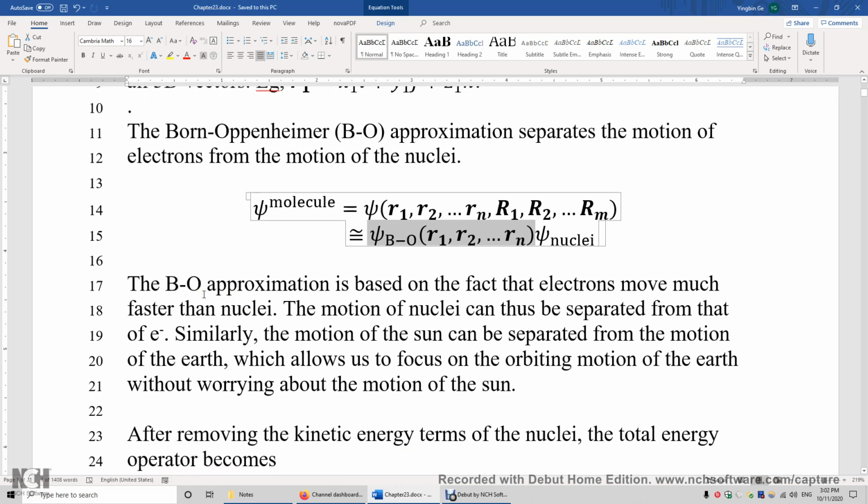The Born-Oppenheimer approximation is based on the fact that electrons move much faster than the nuclei.